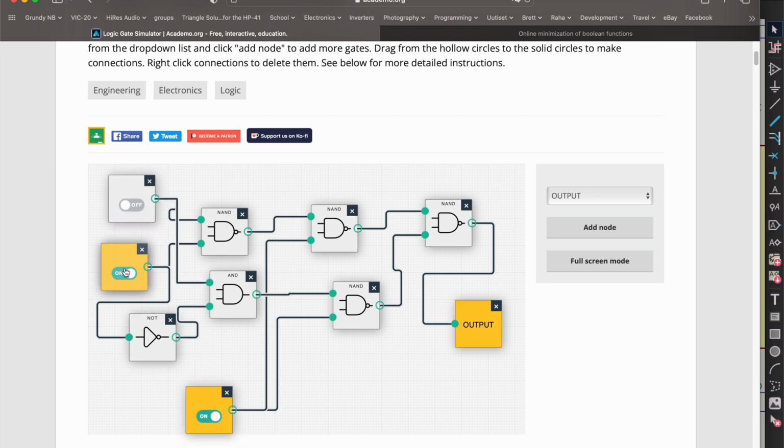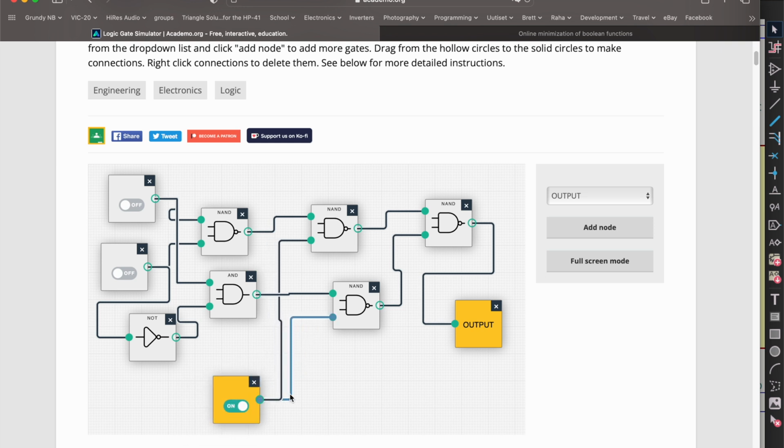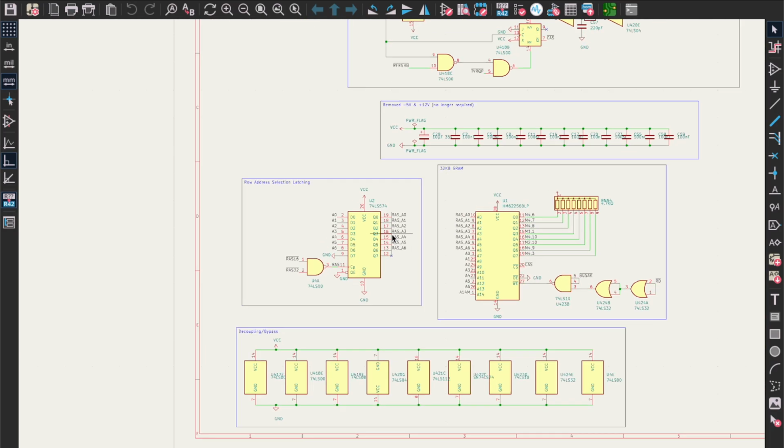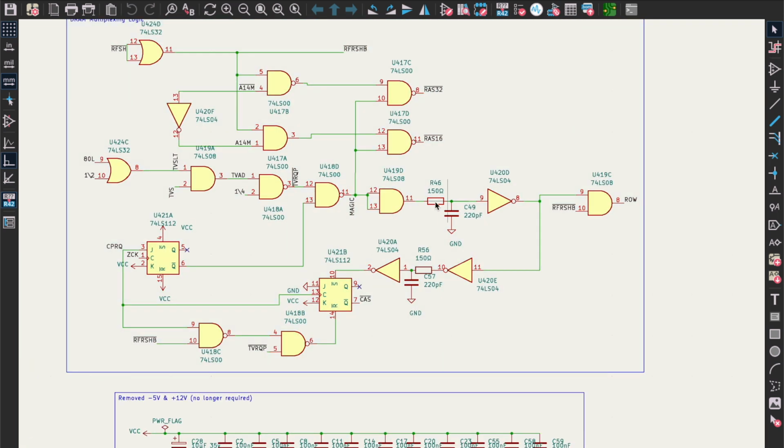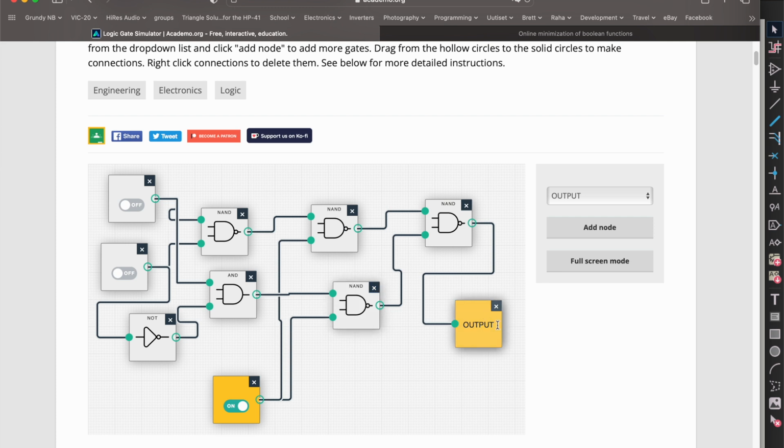But basically what I figured out is that this magic value here determines the RAS value here. Basically, if it's on, then the RAS is on.